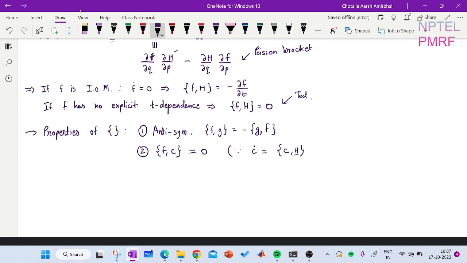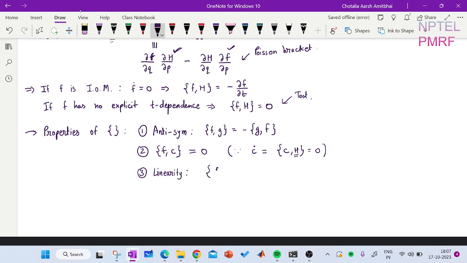So at least for H, it's obvious, but you can do the calculation. In both cases, you have the derivative of c in both the terms, so it should be 0. The third one is linearity or linear superposition.